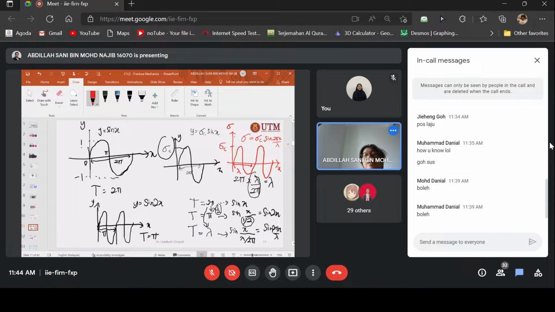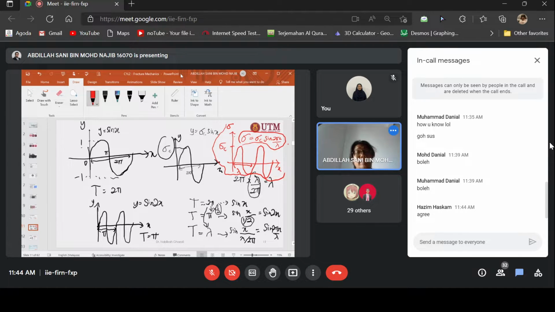So if we are looking at this graph or this function, all of you agree, this is how we denote this one.